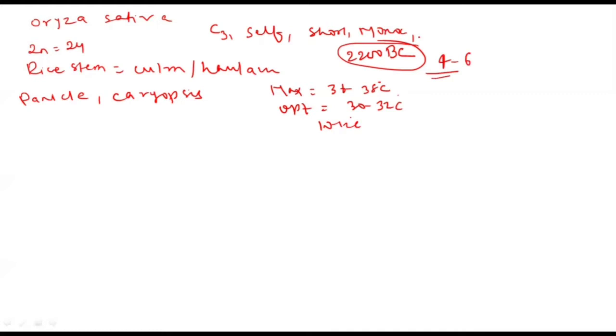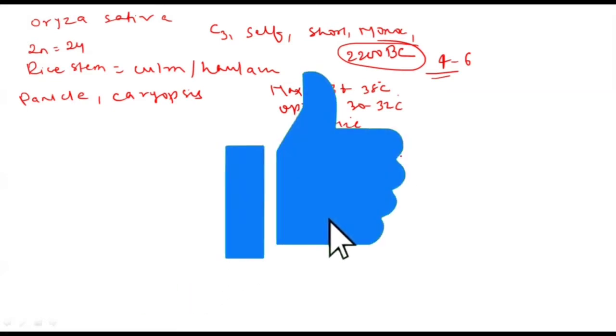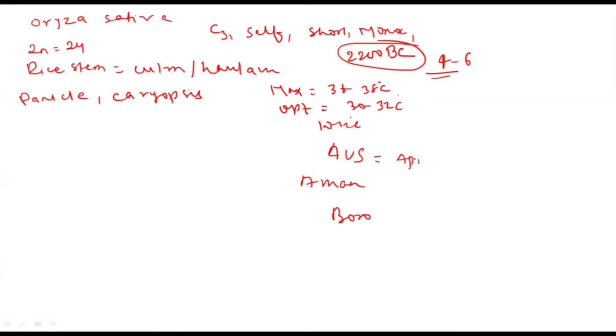Now if you talk about the season, rice can be sown throughout the year. It is divided into three groups: Aus, Aman meaning Kharif, and Boro meaning spring. For Aus, the sowing time is April to May, and the harvesting time is September to October.